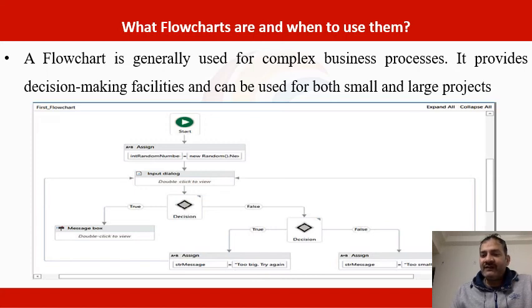Now you are familiar with what flowcharts are, and also when to use them. Again, for simple and small projects, you can choose the sequence as a workflow. If the project is a bit complex, you can use the flowchart, for small as well as large.